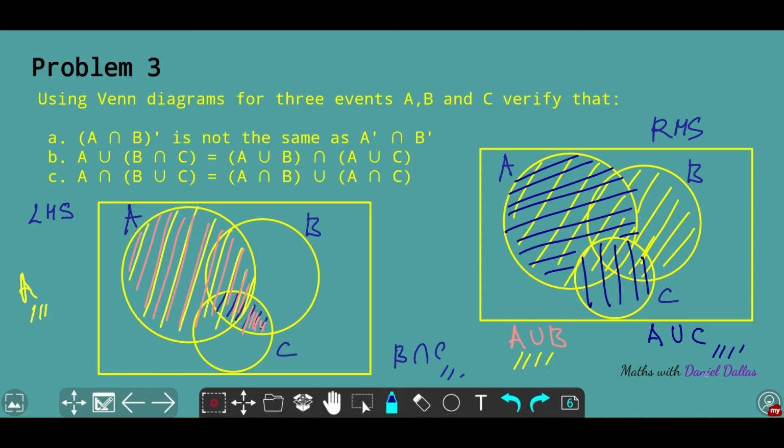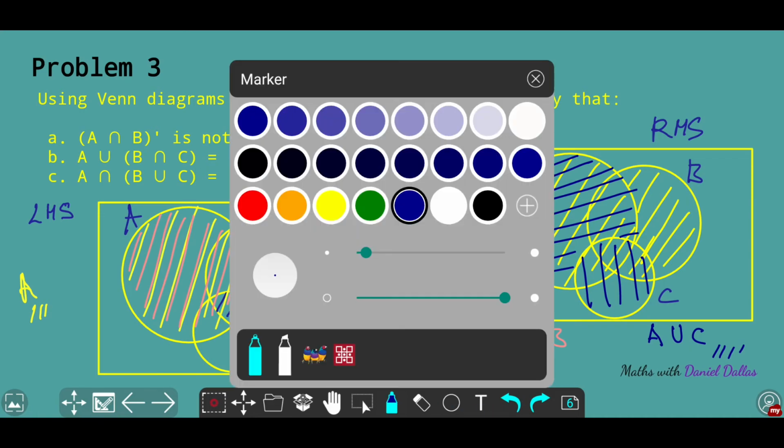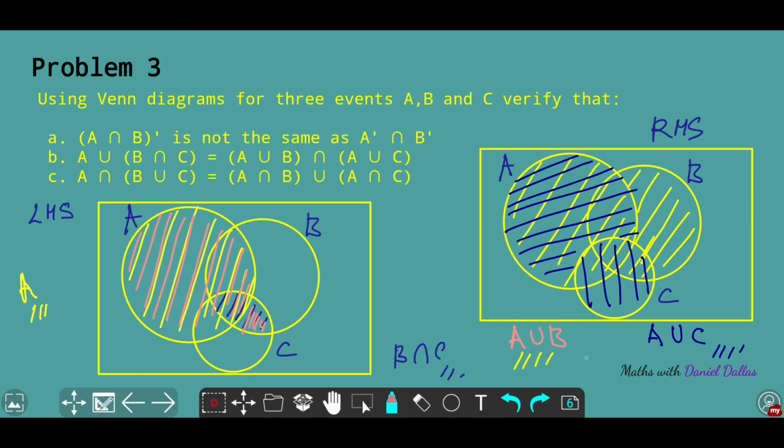For the union of both types of shading, I'm going to use this red one, and where yellow lines intersect with dark blue, it's going to be this region here, here as well, and the small part. Now comparing with the left hand side, we definitely have an equality between two pictorial diagrams, so we proved it graphically.